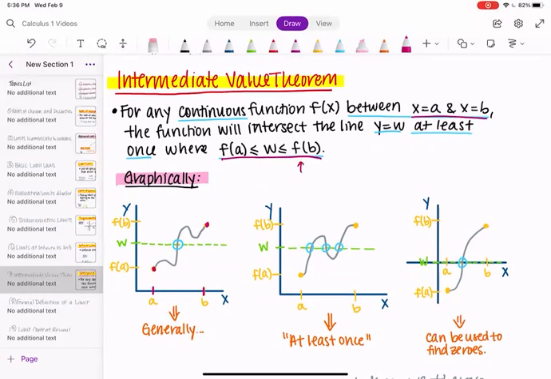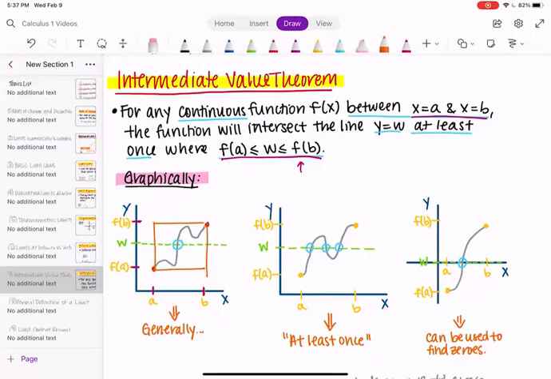So we're looking between a, f of a, b, and f of b, which means I'm essentially looking inside this box here. I'm only considering that chunk of the function. So I've established the area I'm looking at.